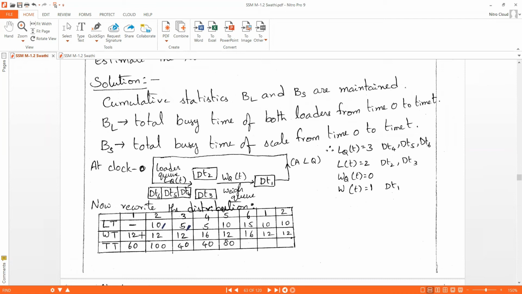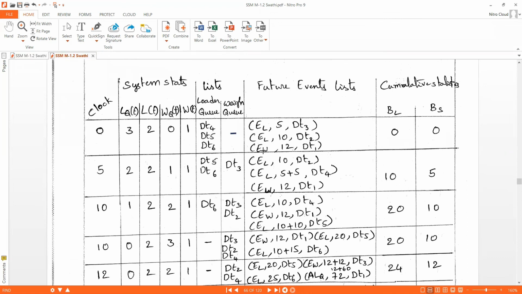So weighing will be completed for dump truck 1 at simulation clock time 12. We represent this in the future event list: EW, ending weighing event at simulation clock time 12 for DT1.